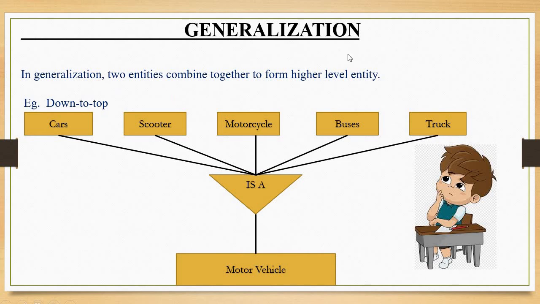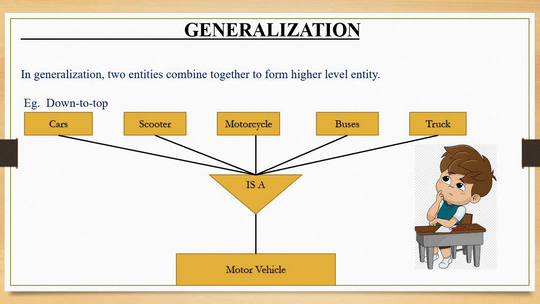Now the third one is generalization. What is generalization? Basically, in generalization, two entities combine together to form a higher-level entity. It is as simple as that. It is the opposite of specialization. In specialization we do top to bottom, and in generalization we do down to top.